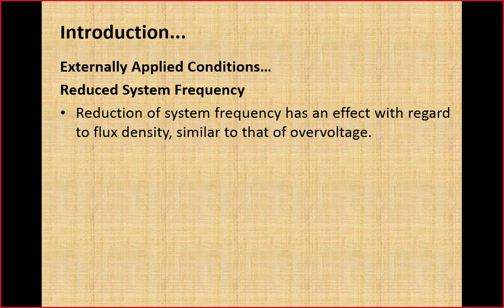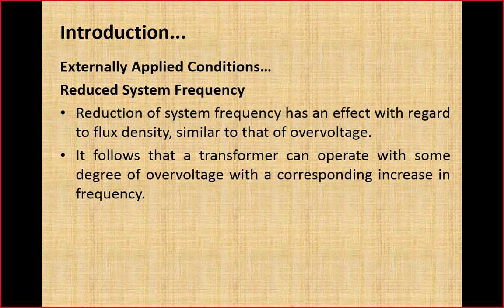Similarly, if frequency is less, the transformer applied voltage should also be less accordingly, so that the ratio of per unit voltage to per unit frequency is not more than 1.05 per unit. So it follows that a transformer can be operated with some degree of over voltage with a corresponding increase in frequency. So if voltage is above the rated, frequency should also be above the rated value.